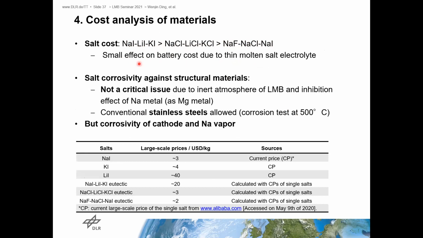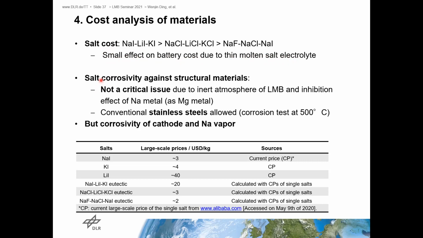But in the liquid metal battery, usually we use a very thin, very small amount of molten salt electrolyte to have a low resistance. So after the cost analysis, we think the effect on the battery cost is small.